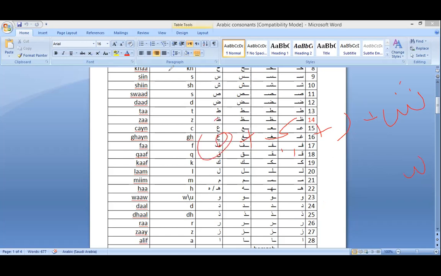When you join together, that's what you get. Sha plus Ra plus Ya plus Fa will give you this name, Sharif.